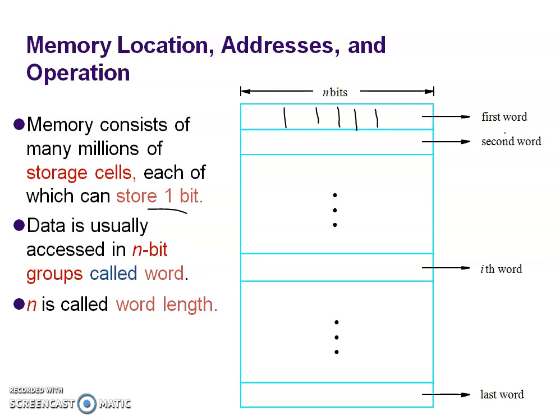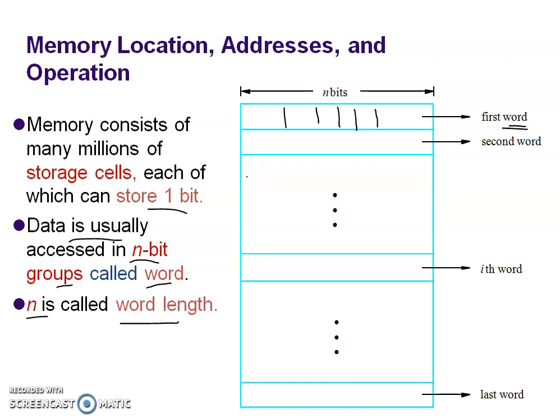As I said in the previous slide, one word is equal to some group of bits, and that group of bits varies based on the architecture of the computer. So data is usually accessed in n-bit groups, which is called a word, where n is the word length, and this n gets varied depending on the architecture.